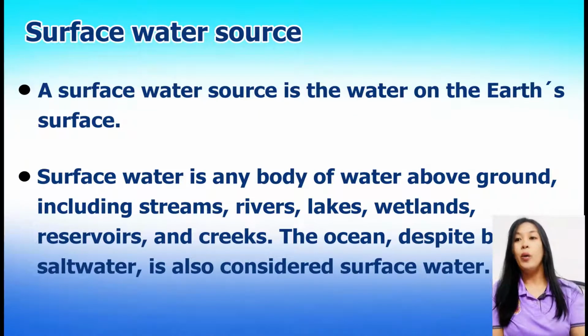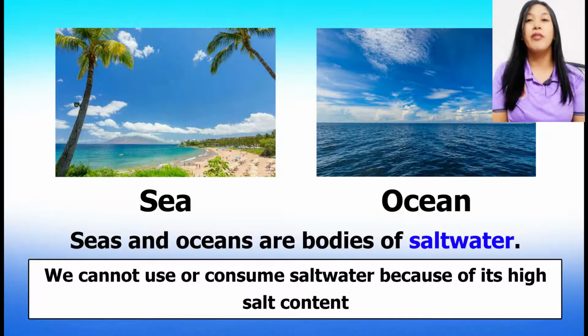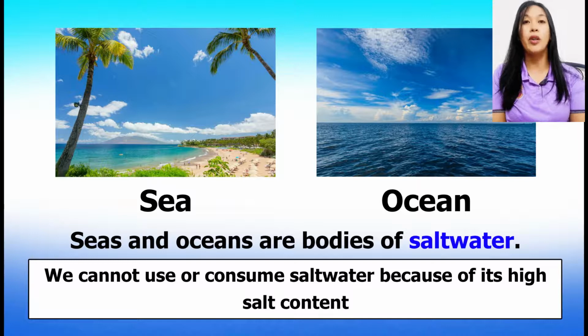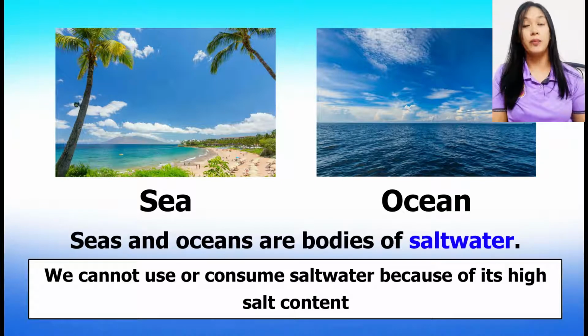As we have said, one of the examples of our surface water sources are seas and oceans. About 97.5% of water on Earth is found in the seas and oceans. Although it's a lot, you might think that we have a limited supply of water. But sadly, they are bodies of salt water. What is salt water?